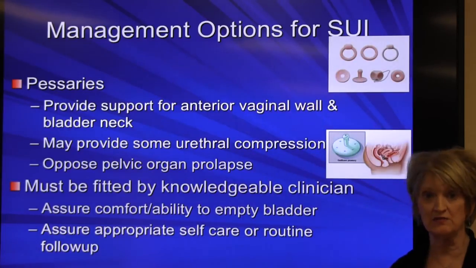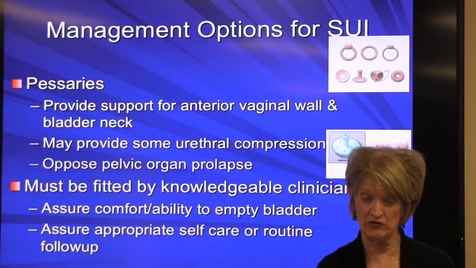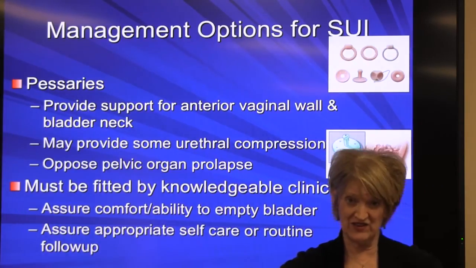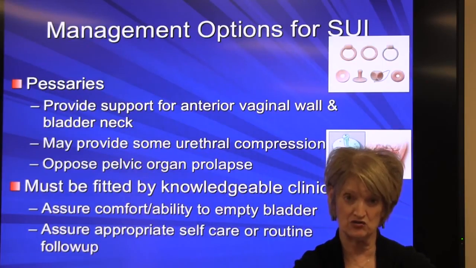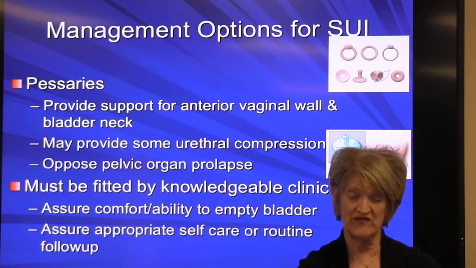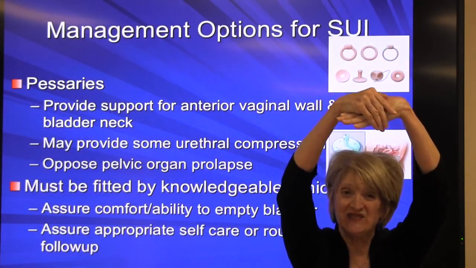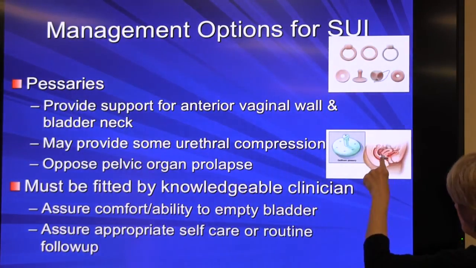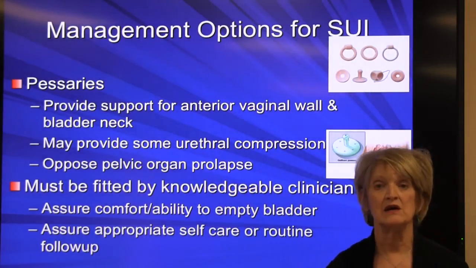So by providing support at the bladder neck, it helps to hold the urethra and the urethral sphincter in position so that you get optimal urethral sphincter function. Remember, if the sphincter is in position, it's much easier for me to do a circumferential squeeze and to effectively close the urethra. If I'm stretched out of position, it's very hard for me to do that. So simply by providing support right at the bladder neck, a pessary can promote continence.